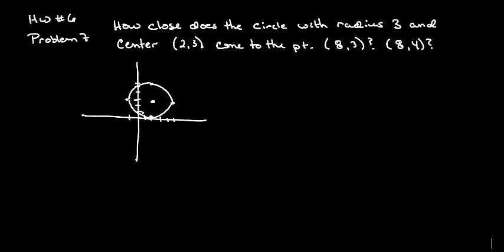That one's not actually that bad. So we have the point 8, 3. So 1, 2, 3, 4, 5, 6, 7, 8. Up 3. 1, 2, 3. Okay. We want to know how far away it is from the circle. Well, this problem's pretty easy because we're already in the same line, right?